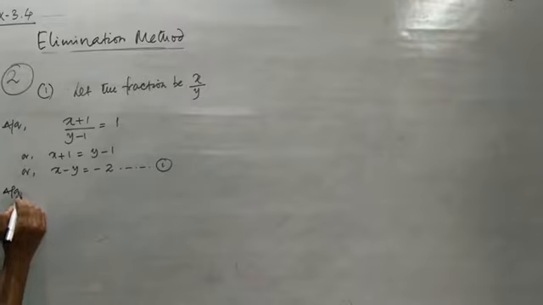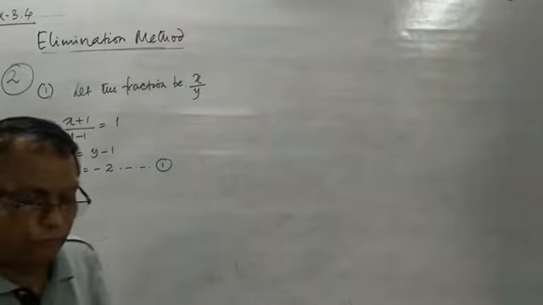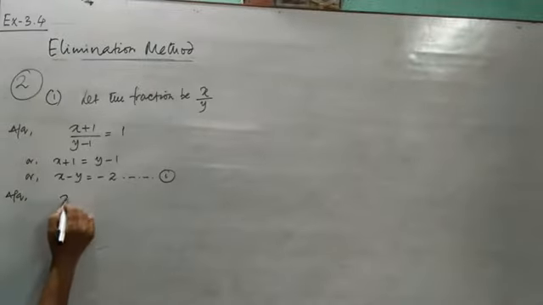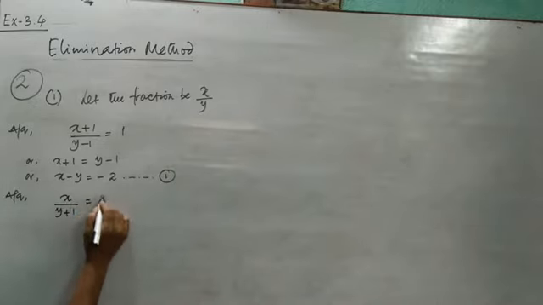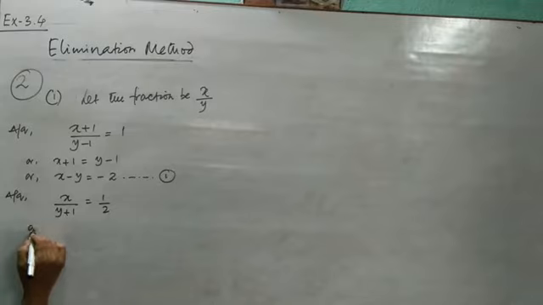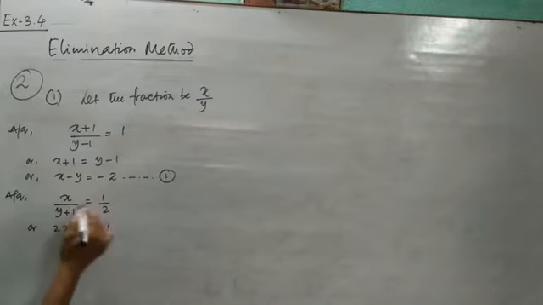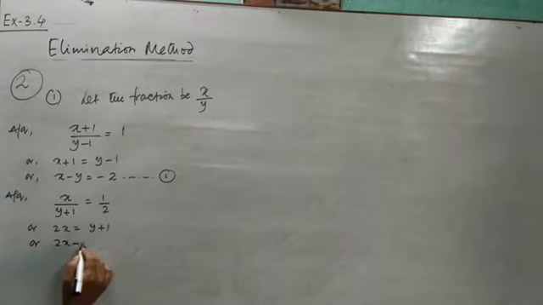Again, according to the question, it says it becomes 1 by 2 if only we add 1 to the denominator. According to the question, x by y plus 1 is equal to 1 by 2, or 2x is equal to y plus 1, or 2x minus y is equal to 1.